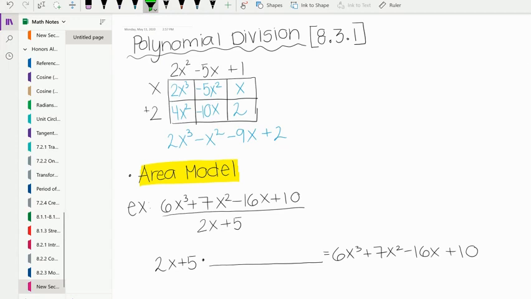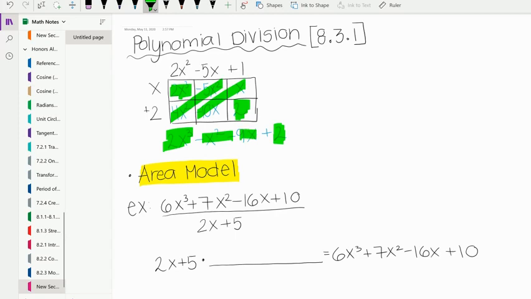One is that the first box is always the same as the first term. The last box will be the same as the last term as long as there's not a remainder. And on the diagonals, the boxes combine to make these terms.